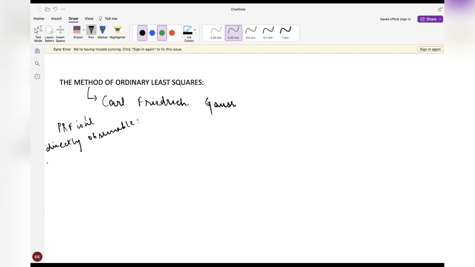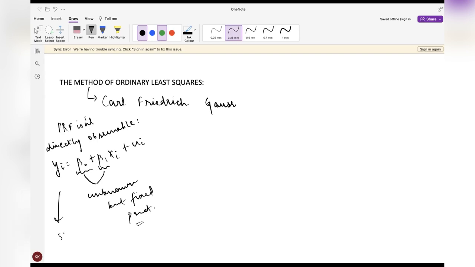And another reason is that in the PRF, we have beta naught plus beta 1 xi plus ui, and these two coefficients, beta naught and beta 1, are actually unknown but fixed parameters. So that is the reason our population regression function isn't directly observable, and we take the SRF to estimate this function.